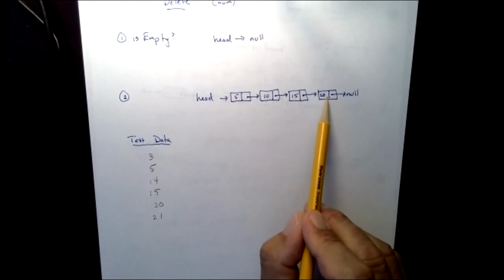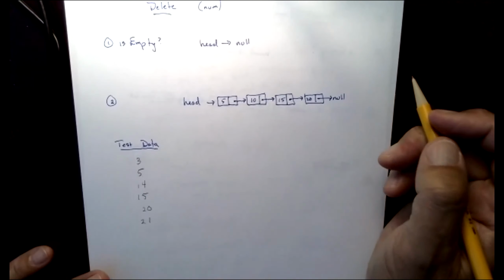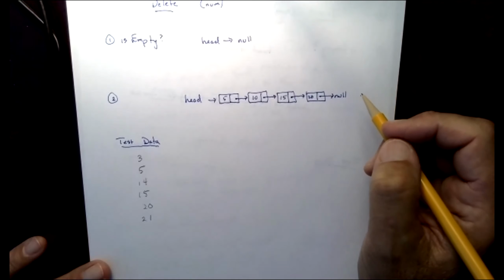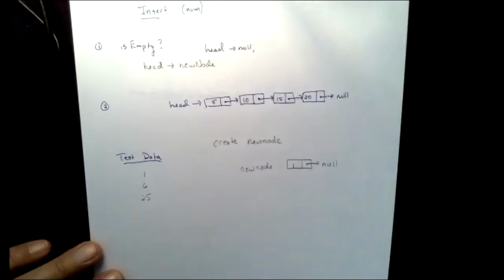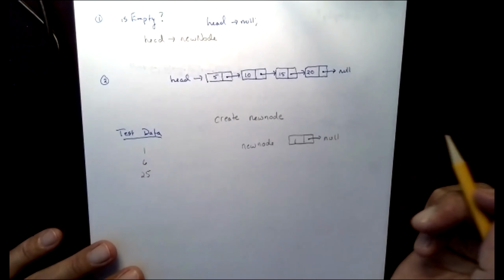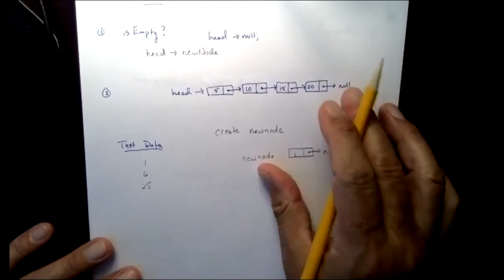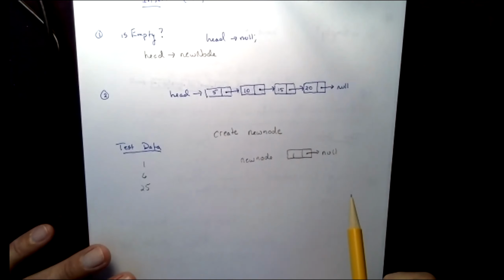I need to figure out a way to delete the last one and to delete something that doesn't exist. Trust me, it seems really, really hard right now, but as you start going through, you're going to see some things start to happen that all of a sudden it's going to get a lot easier.